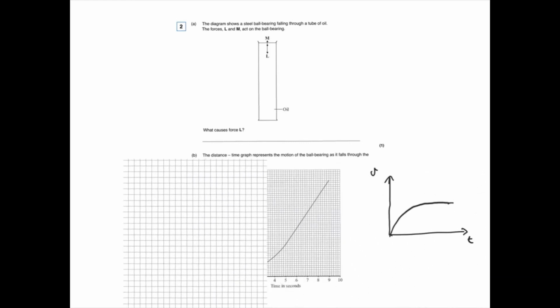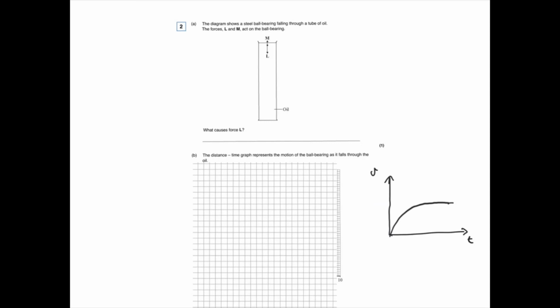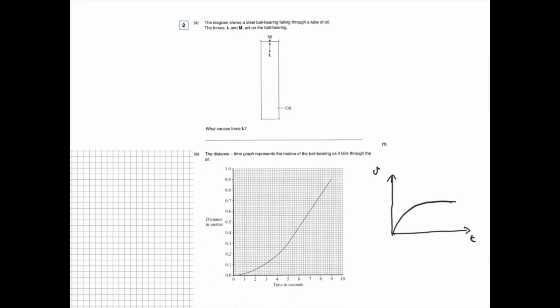This is what you should have found for your velocity time graph, something like this. And we can see pretty clearly a terminal velocity, which corresponds, of course, with this straight line portion of the graph here.